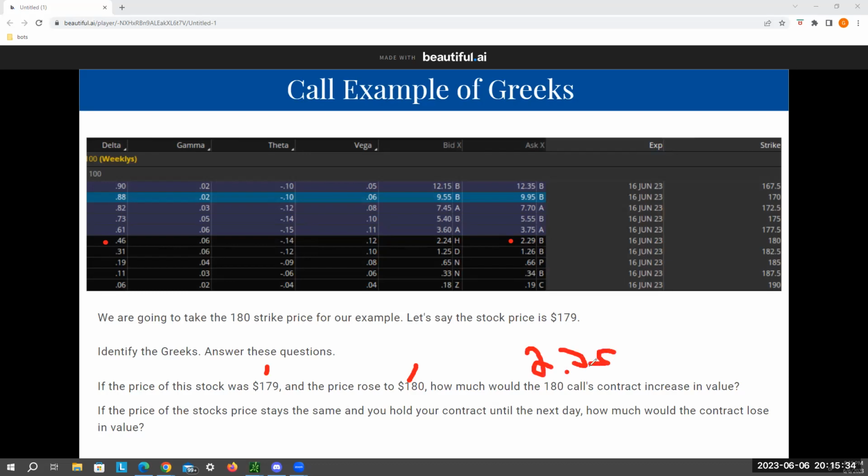Why? Once again, you add your delta to your contract's current value because we went up $1. Now, conversely, if the stock's price stayed the same, it stayed at 179, it didn't move from there, and you held your contract to the next day, you would lose your theta. For this contract specifically, you would lose automatically $14 on your contract's value.